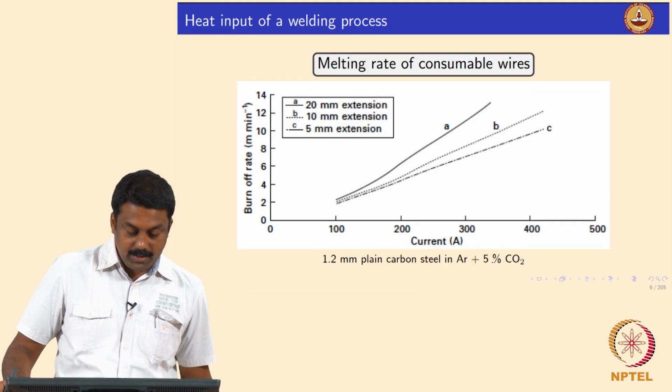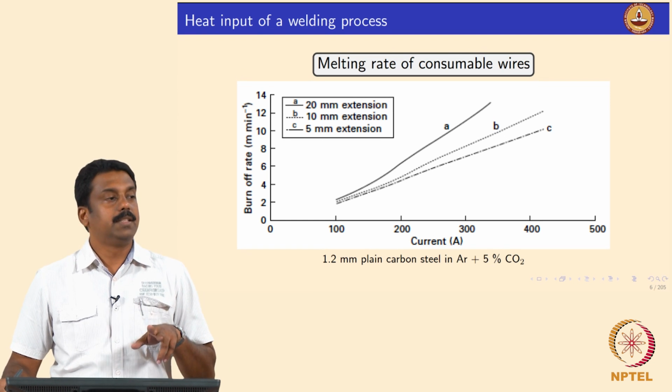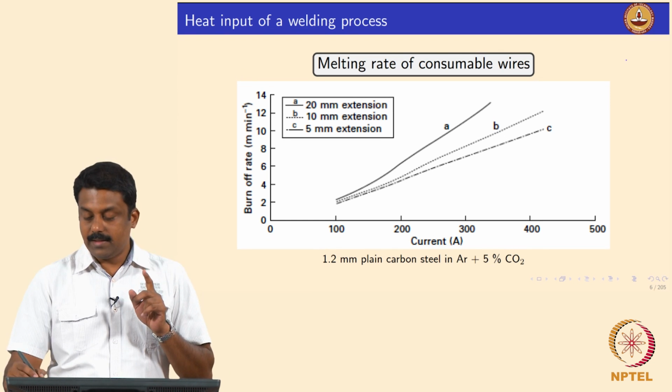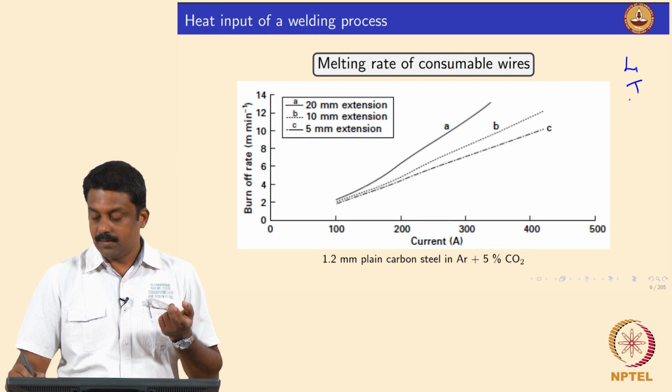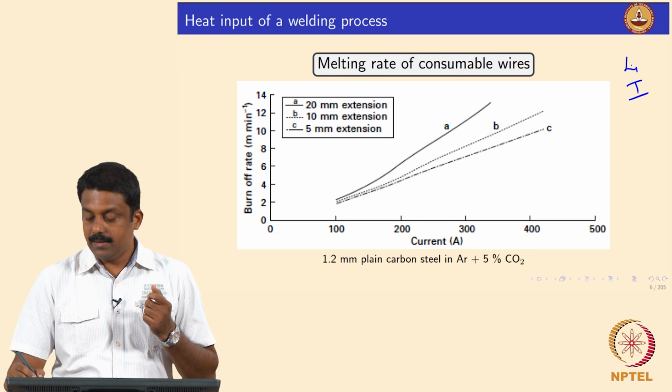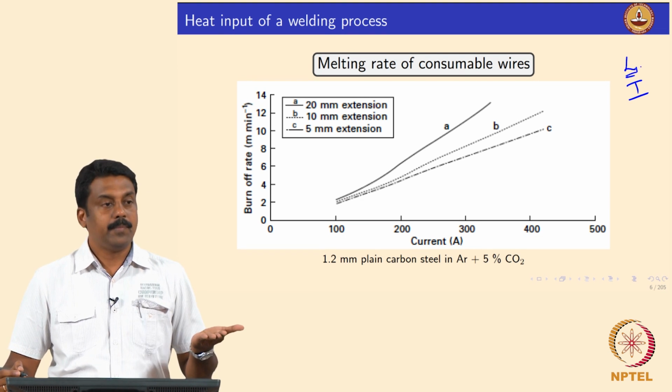Now, I will show you two examples, two independent parameters we are looking at: the stick out length L and the current I. First, the effect of stick out length. What is the relationship between stick out length and the melting rate?